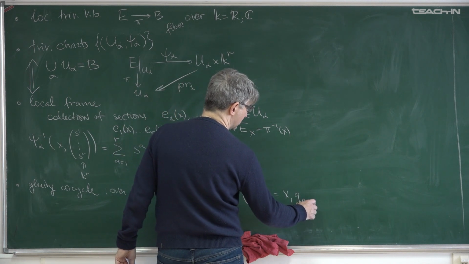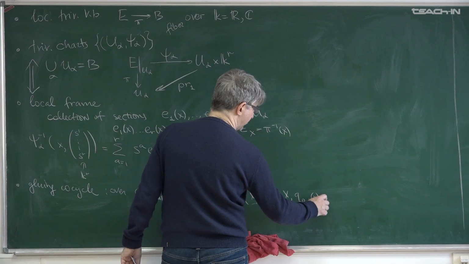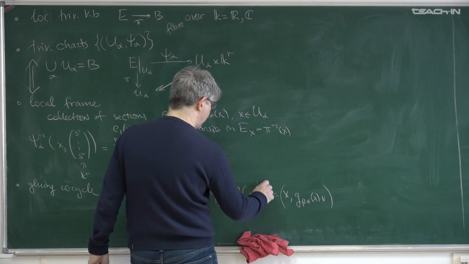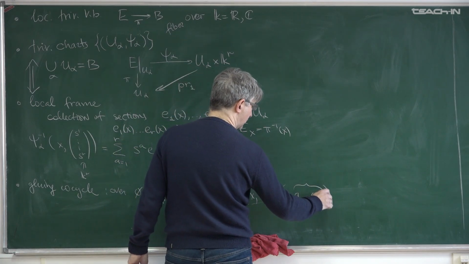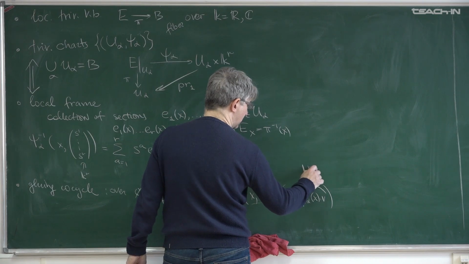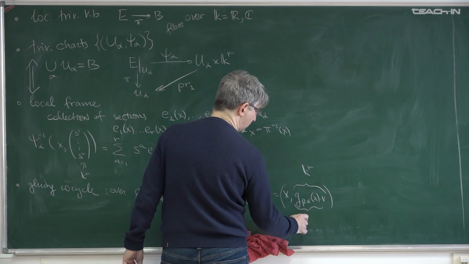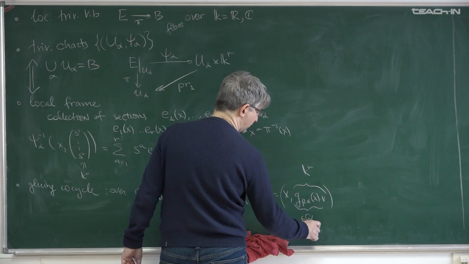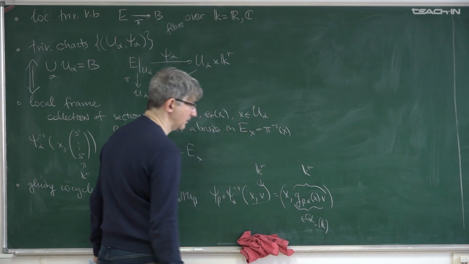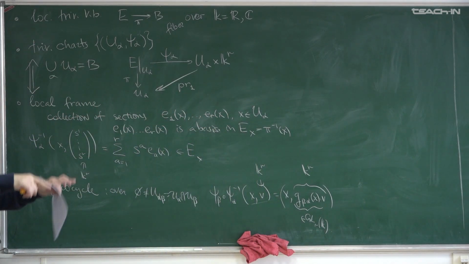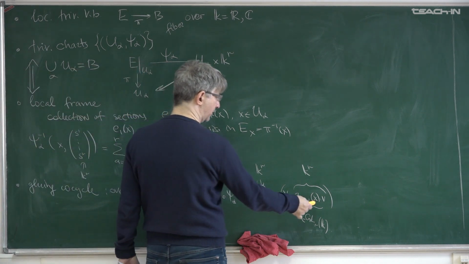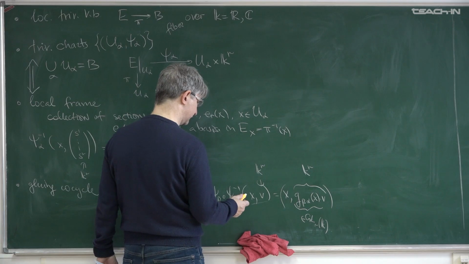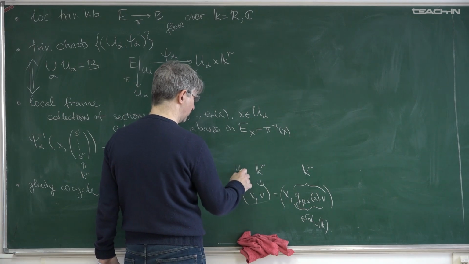We write it in this way. Here v belongs to K^r, and this object also belongs to K^r. And g beta alpha belongs to the invertible matrices of size r by r, square matrices, and they depend smoothly on the point x from the intersection, so x belongs to U alpha beta.